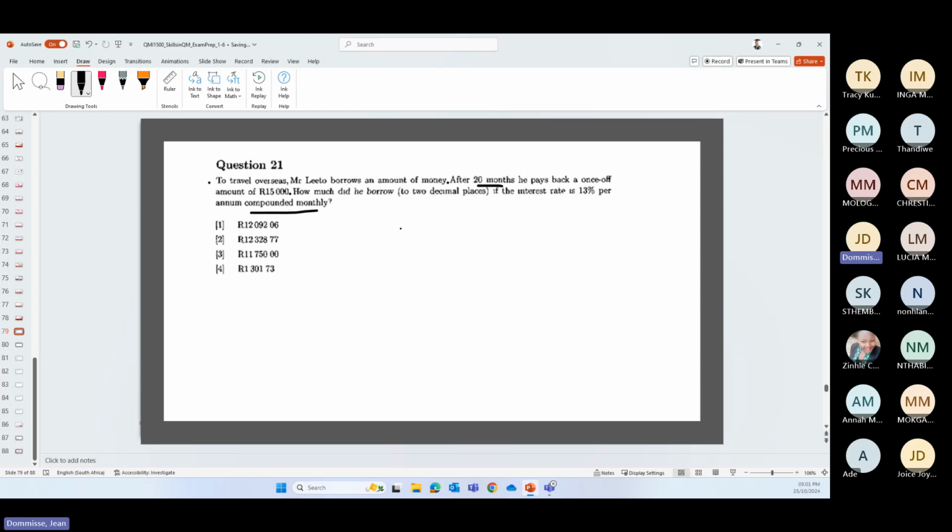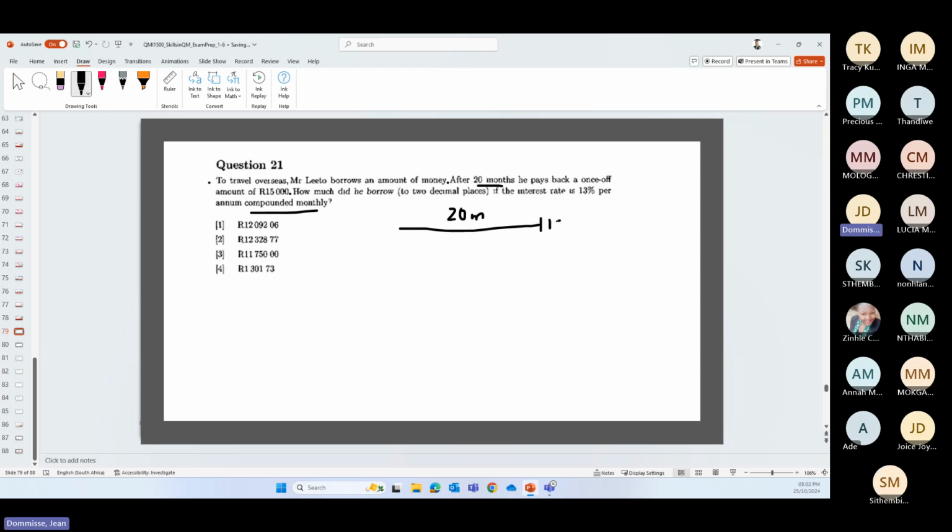Okay, so what I normally do is to say, let's just check: after 20 months, he pays back 15,000. Then we want to know how much he borrowed if the interest was 13% per annum compounded monthly.